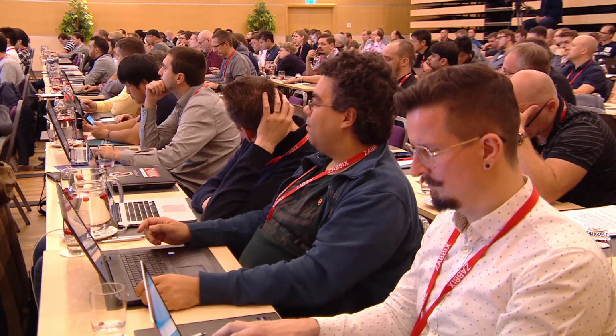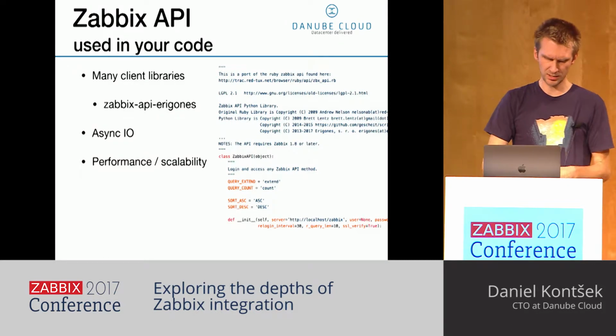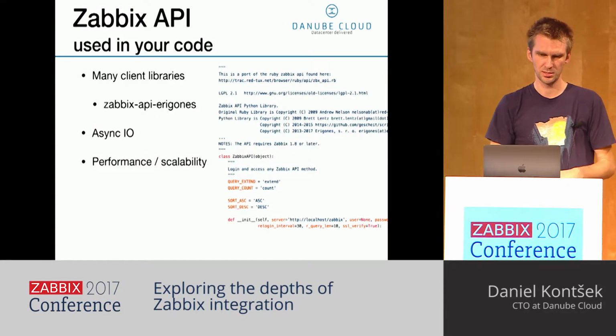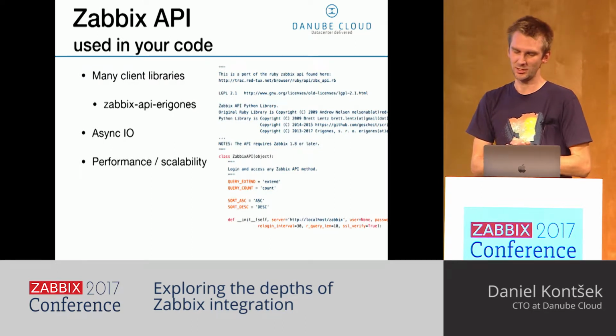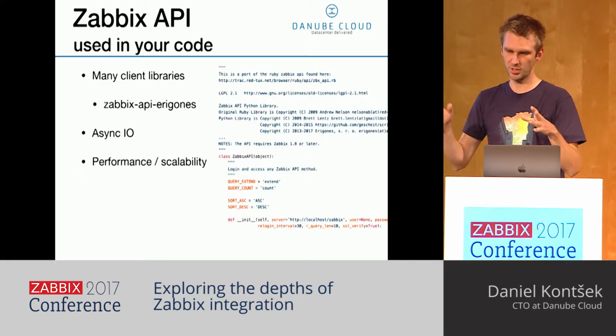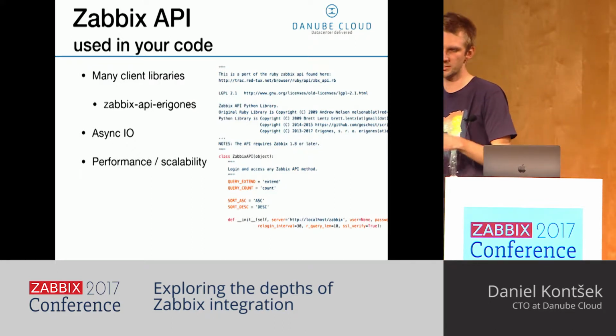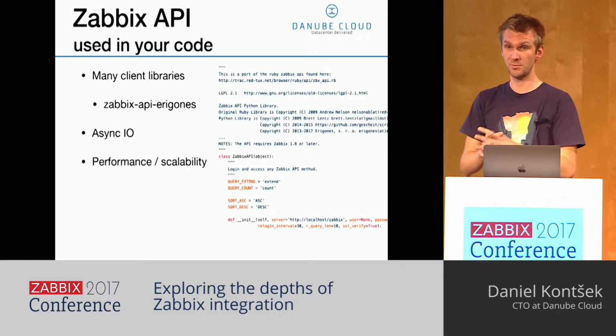Sometimes you don't have the money or resources to actually grow your Zabbix server, and we solved this problem in another way. Inside Danube Cloud, you have these virtual data centers. You can imagine having one for a project or a customer. And in each virtual data center, you can have your own Zabbix server.